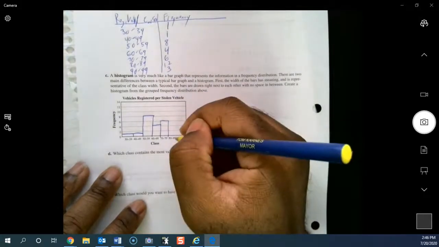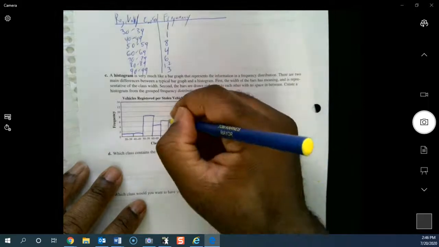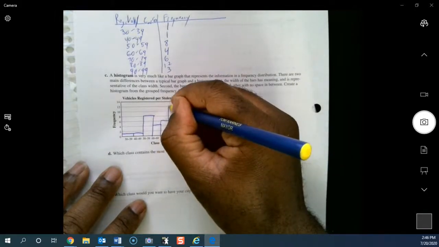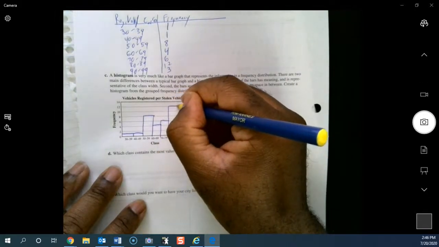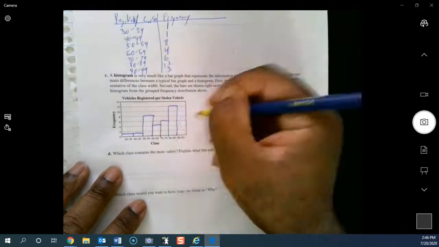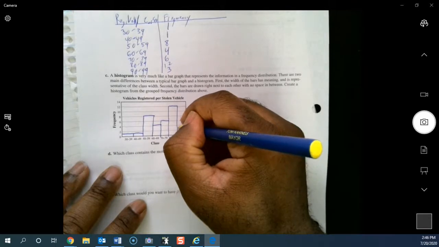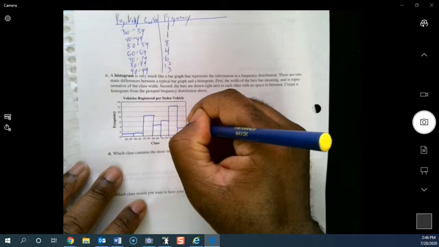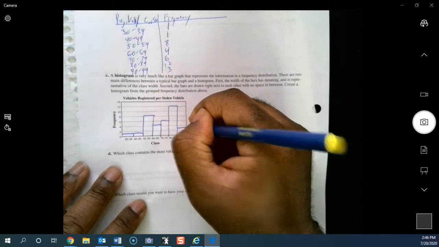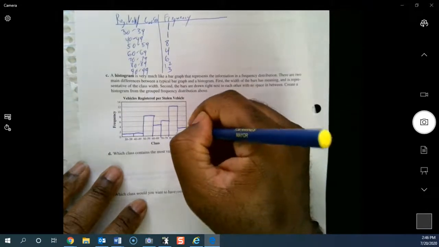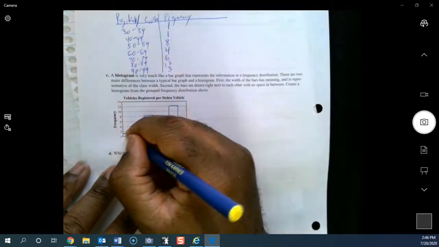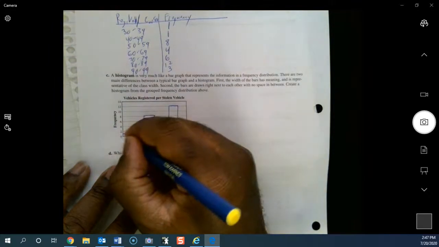80 to 89 is 12. We'll go up here to 12. Then finally, 90 to 99 is 3. So it'll be in between the 2 and 4. And then typically we would shade in these spaces too.